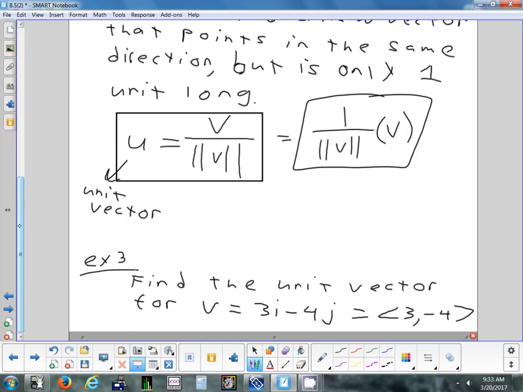All right, so I've got the vector 3i minus 4j, and it says find the unit vector. Okay, in order to do that, what's the first thing I have to know about 3i minus 4j?